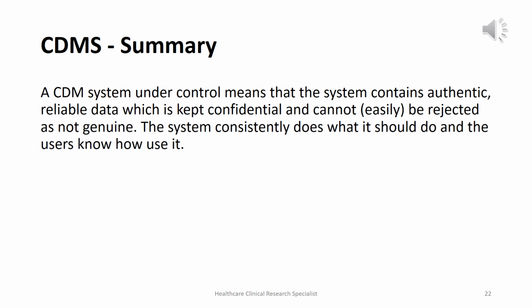So in summary, a clinical data management system under control means that the system contains authentic, reliable data which is kept confidential and cannot easily be rejected as not genuine. So the system consistently does what it should do, and the users know how to use it.